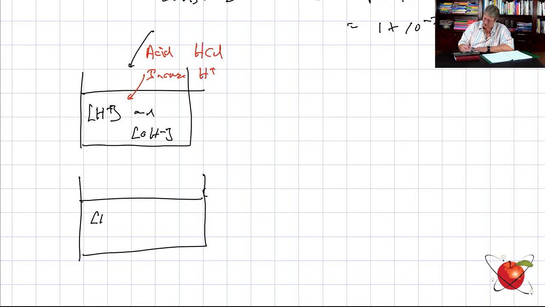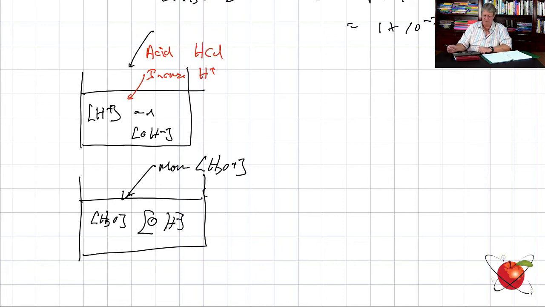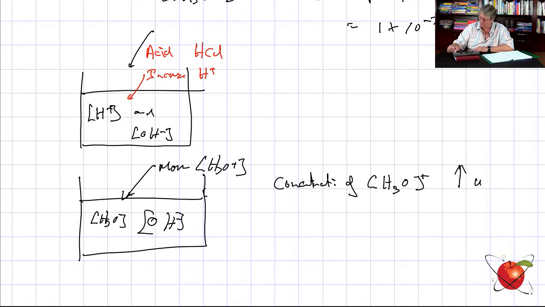So we've got H3Os over here and an OH minus over there, and then we are adding in more H3O from the acid. So therefore the concentration of H3O ion is increased, goes up.